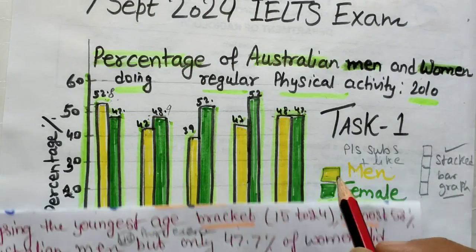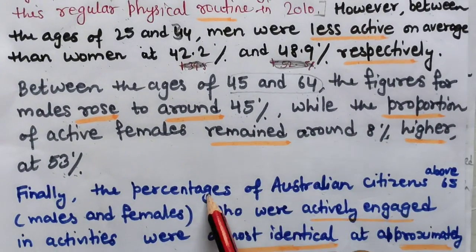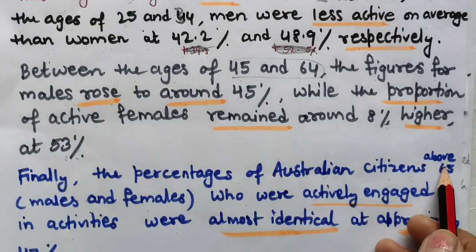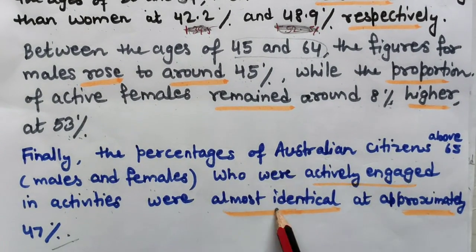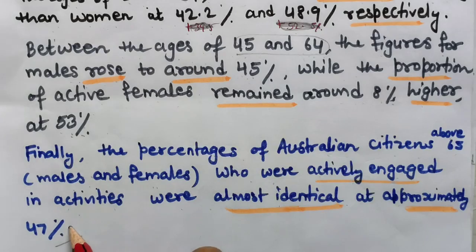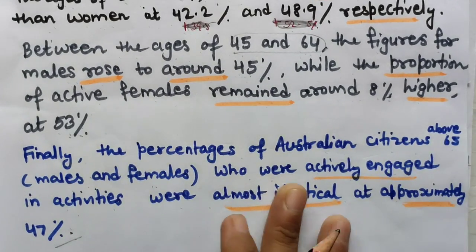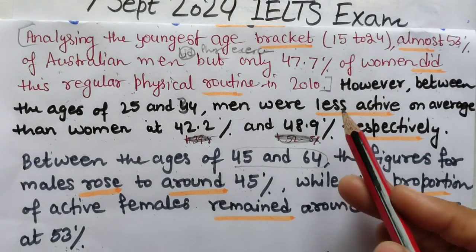Final age group: finally, the percentage of Australian citizens above 65, males and females, who were actively engaged in activities were almost identical at approximately 47%. In simple language, I have done all the detailed paragraphs.